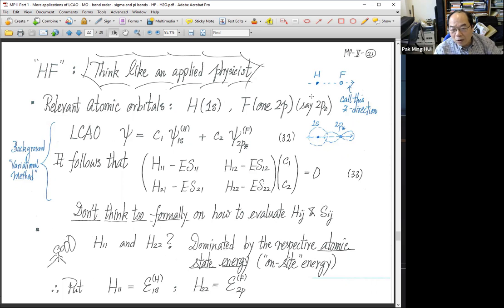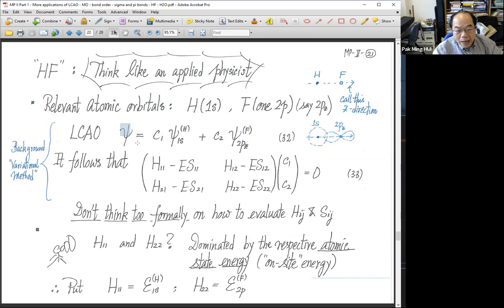Therefore, the simplest thing is to take the 2pz with 1 electron to form bonding with the hydrogen 1s. So the most economical way to do LCAO is just 2 by 2. I have hydrogen 1s and fluorine 2pz, a linear combination, this is LCAO.